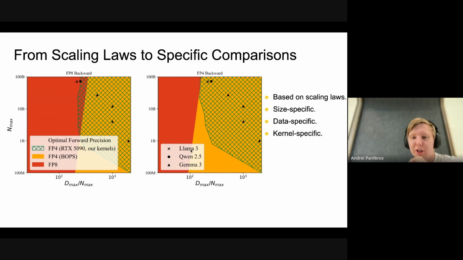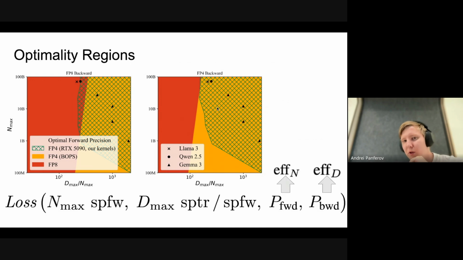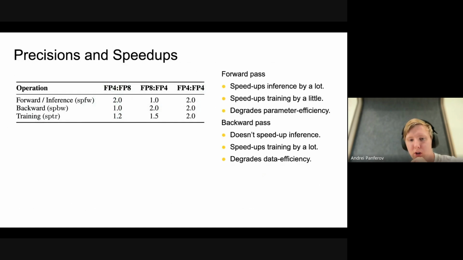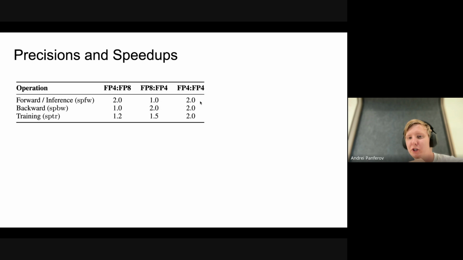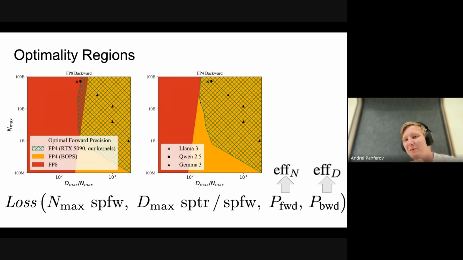So the exact regions that you see here somewhat depend on your scaling law shape, because one can show that from this scaling law shape, this line will be tilted either left or right, depending on which coefficient is larger, alpha or beta. And here we have beta larger than alpha, which leads it to be tilted right, meaning that our model predicts that for larger models, quantization-aware training will be less useful.